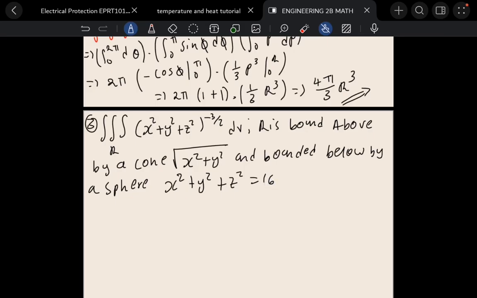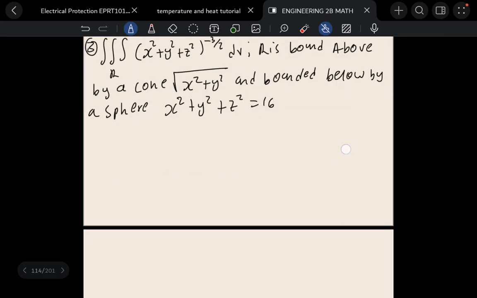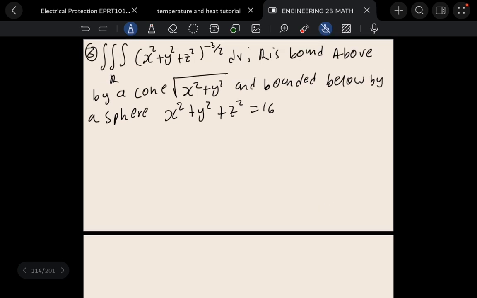So we need to evaluate that integral. First of all, let us draw the given region.